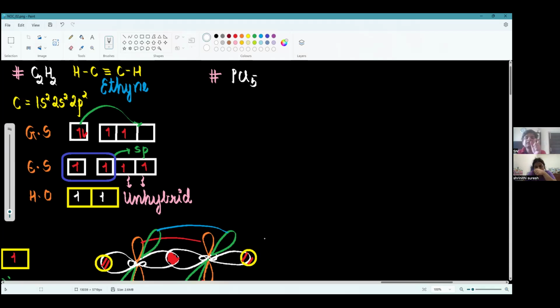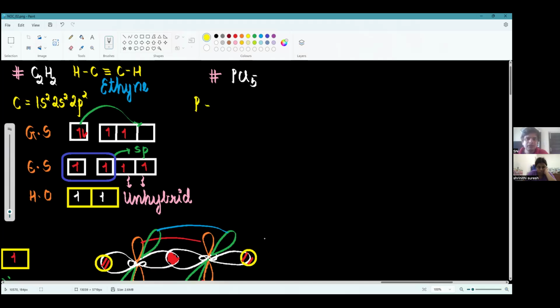Correct. Remember, we had done two lectures ago that the central atom will be the atom which is least in number. And if that criteria is not helping us, then we have to go for least electronegativity. But over here, yes, phosphorus is least in number.